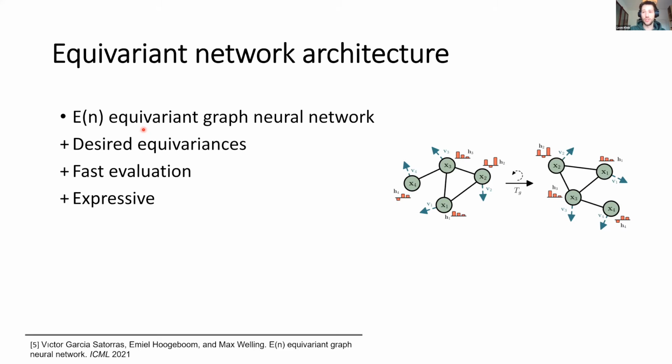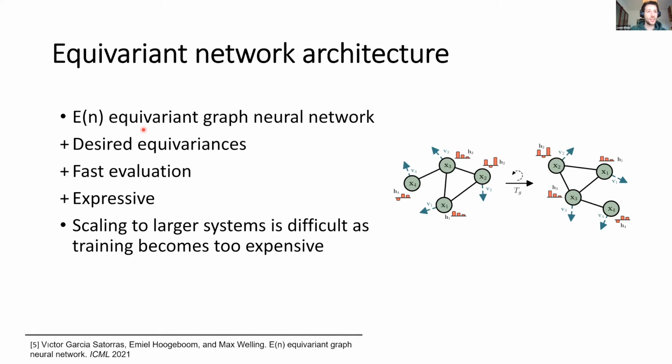And they're also quite expressive, or at least sufficiently expressive for our task, as you'll see in the results. But a big problem was how do we scale these to larger systems, because the training of these continuous normalizing flows is so expensive, we have to backpropagate through these integrators.